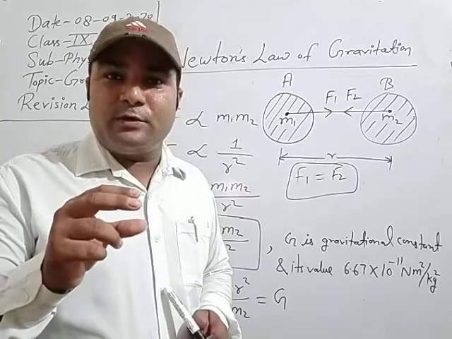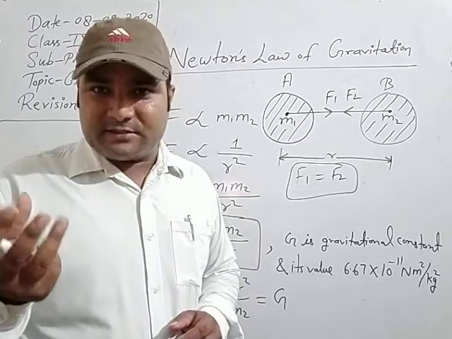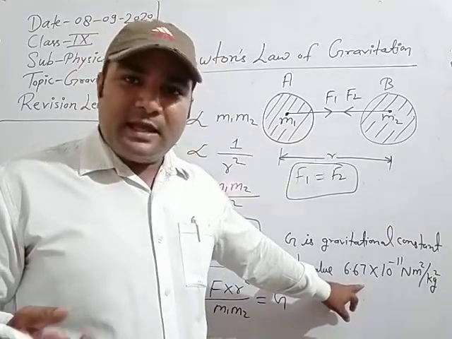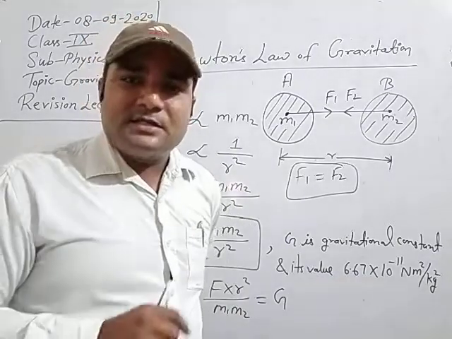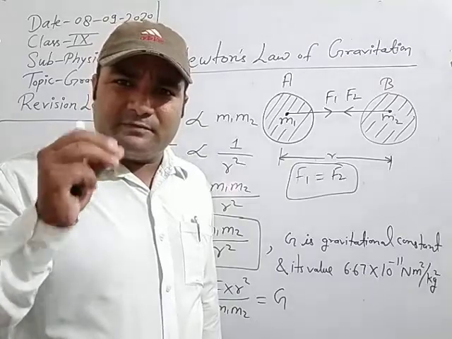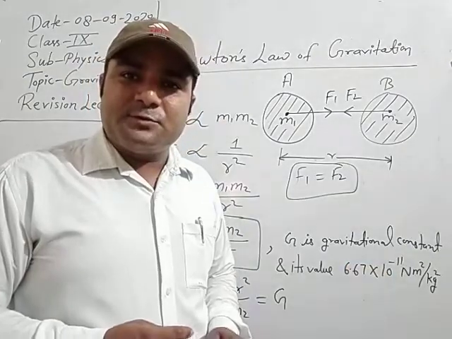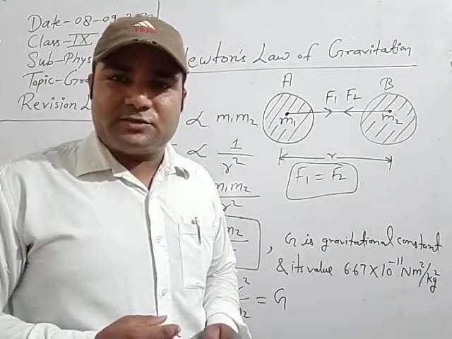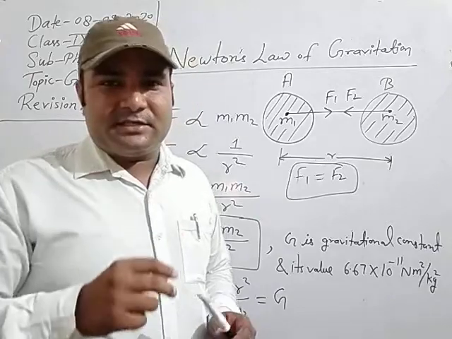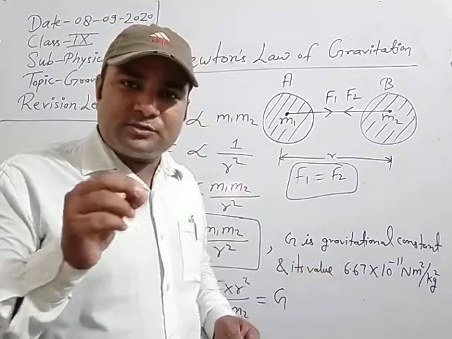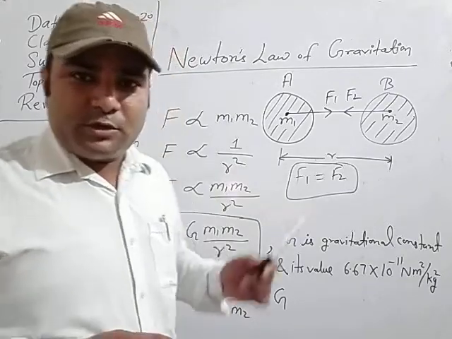Because this value never changes. When the value is taken at Earth's surface, it will be the same as the value on the moon surface or on the sun surface, always a fixed value, that is 6.67 into 10 power minus 11 Newton meter square per kg square. Due to the reason that the value never changes, this gravitational constant is also known as the universal gravitational constant. Just note down each and everything.